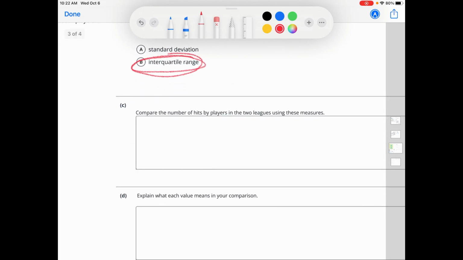C, compare the number of hits by players in the leagues.